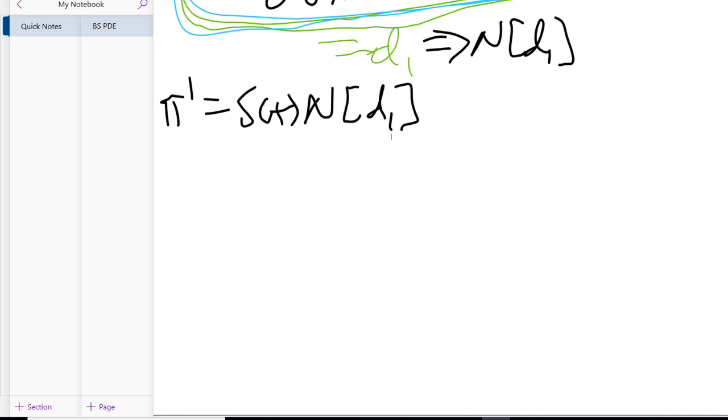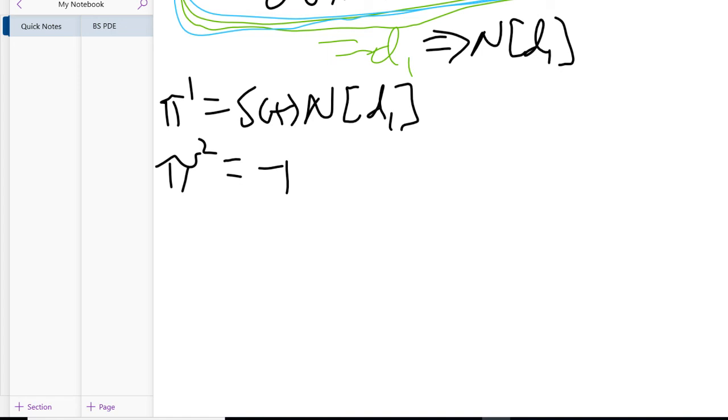Recall that we had pi 2 was equal to, and also just to note, remember I told you that, let me write it first, e to the negative r (T minus t) N(d2), that this was equal to a short cash or nothing call.